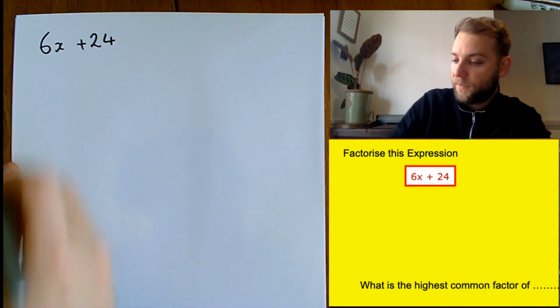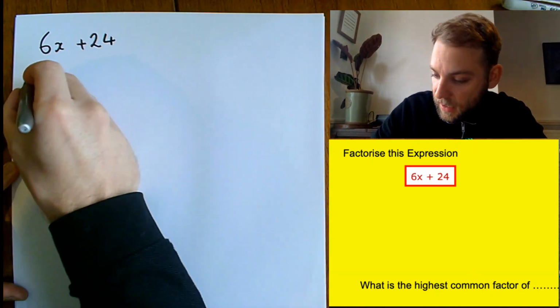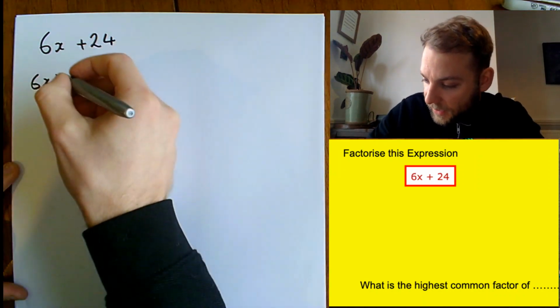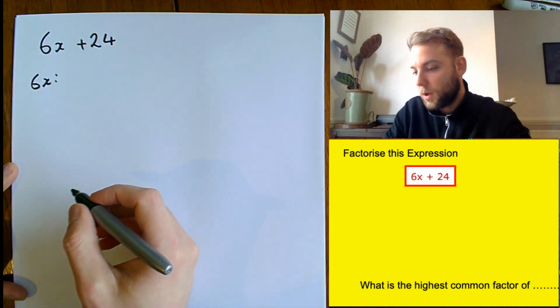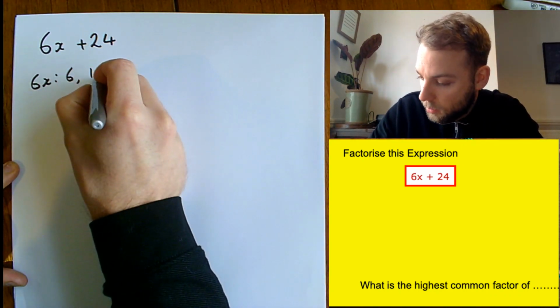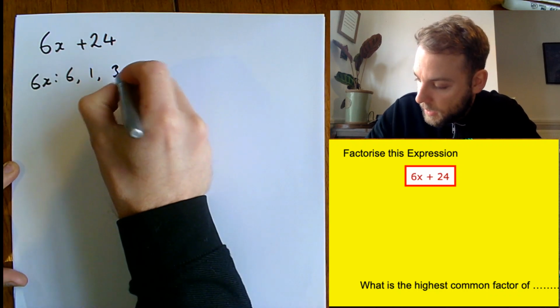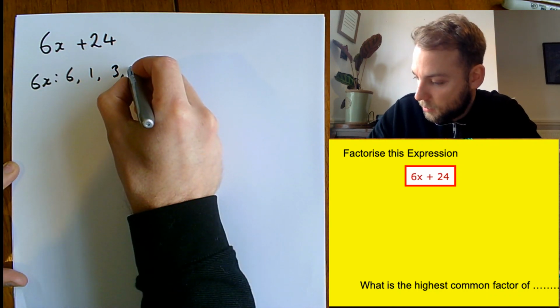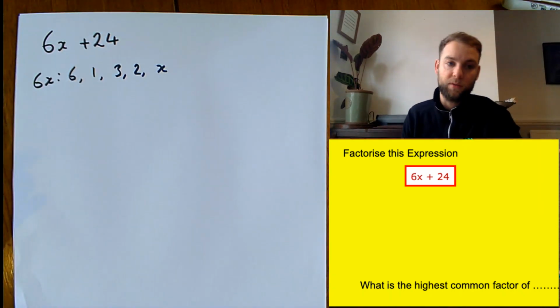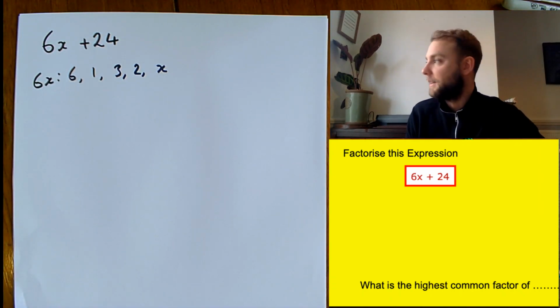So what are the factors of 6x? You don't have to do this every time. The factors of 6x are going to be 6, 1, 3, 2, and then x as well. Now you can have x with all of these, we'll talk about that a little bit later.